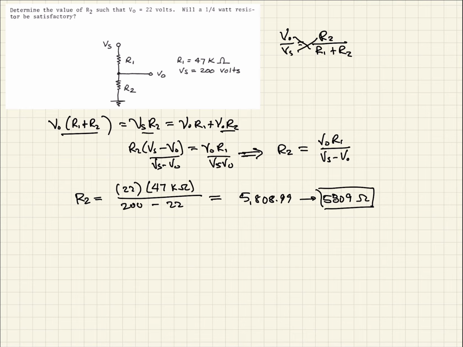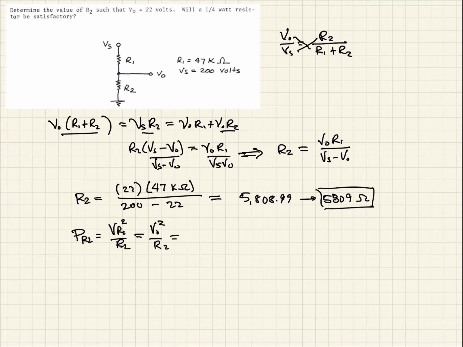Now we need to determine what the power requirement at that resistor location would be. The power required at R2 would be equal to VR2 squared divided by R2. VR2 is just the output voltage, so the same thing as V out squared over R2.